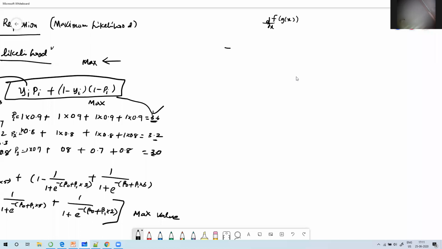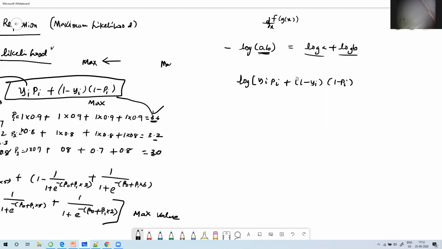So to avoid that, if we take log, what happens if we take log of AB? It becomes log A plus log B. Now the product is gone. It is in the form of linear. So we take log of the likelihood, which is yi into pi plus 1 minus yi into 1 minus pi. To avoid the product in the derivatives, we take the log of the equation.